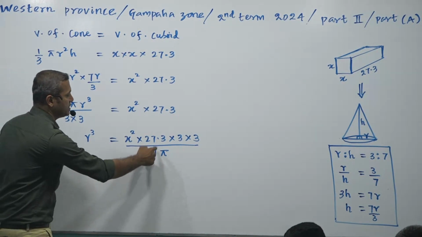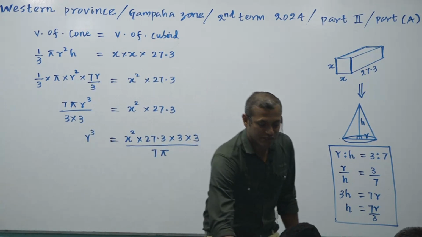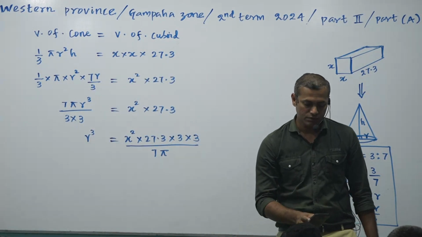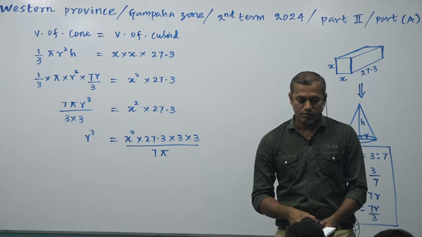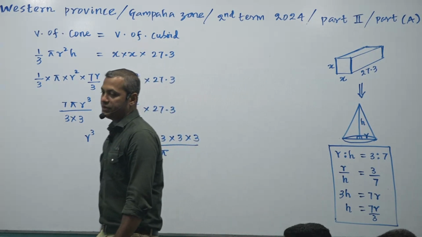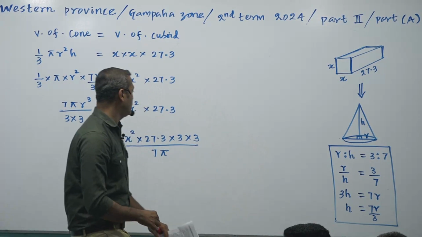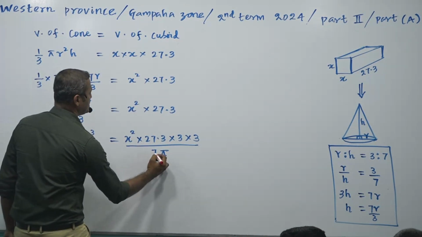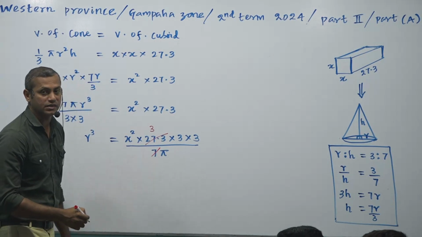Now try to simplify this 7 and 27.3. Can you? How many times do you have 7 in 27.3? Can you divide? Yes, can. In 27, how many times? 3 times, 21, 6 remains.